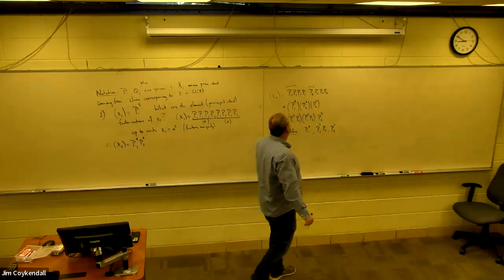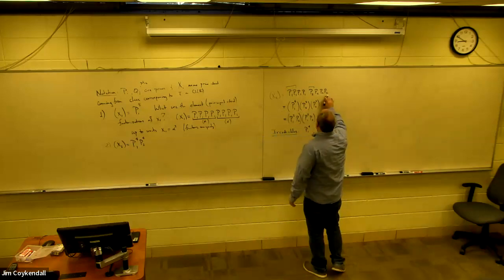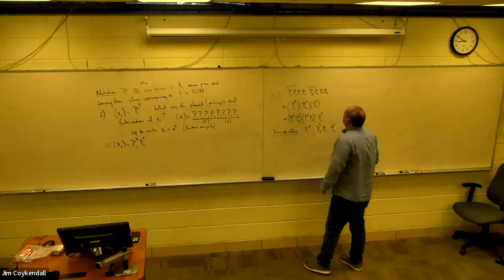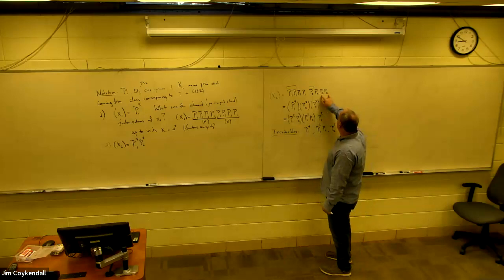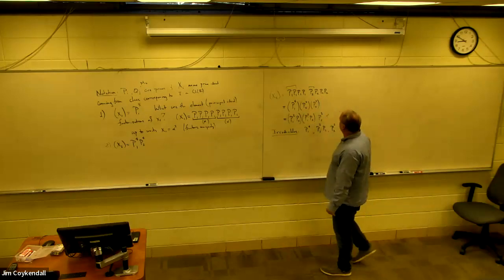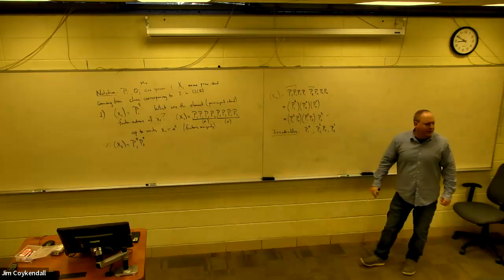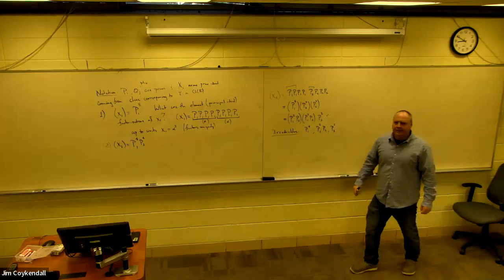Well, now, because these are class number 2 and these are class number 4, you need 2 of these and another one of the other ones. So it looks to me like those are the only ways to do it, doesn't it?